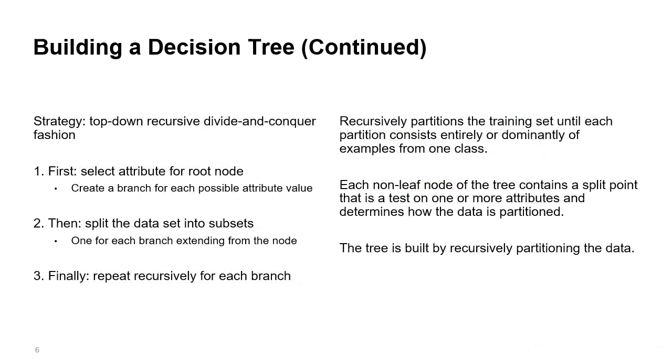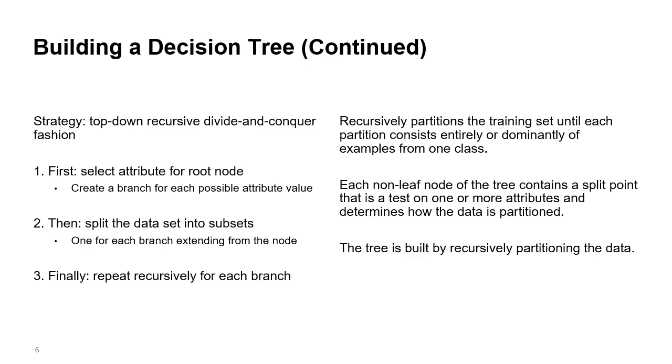The strategy to build a decision tree is a recursive divide and conquer from top to down. First step is to select attributes for the root node and create a branch for each possible attribute value of the root node. Then the second step is to split the dataset into subsets based on these branches, where one subset is for each branch.